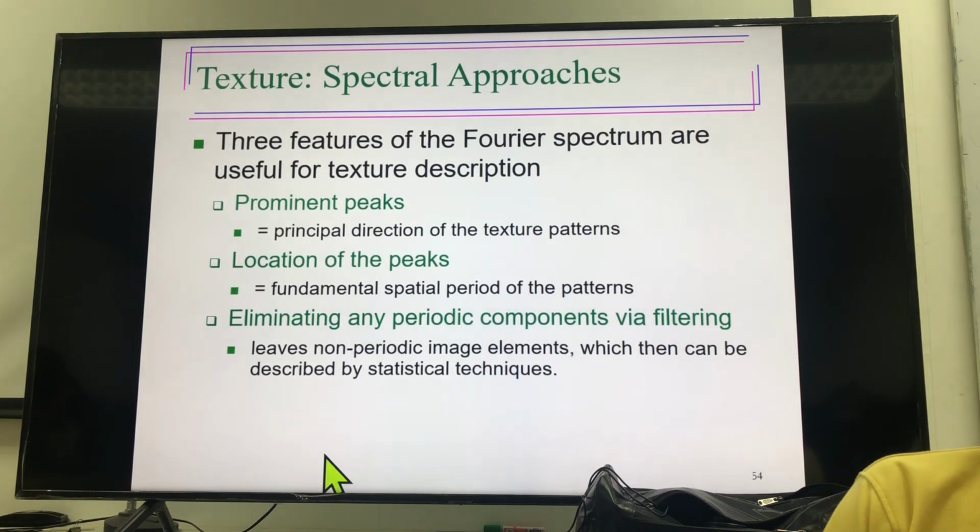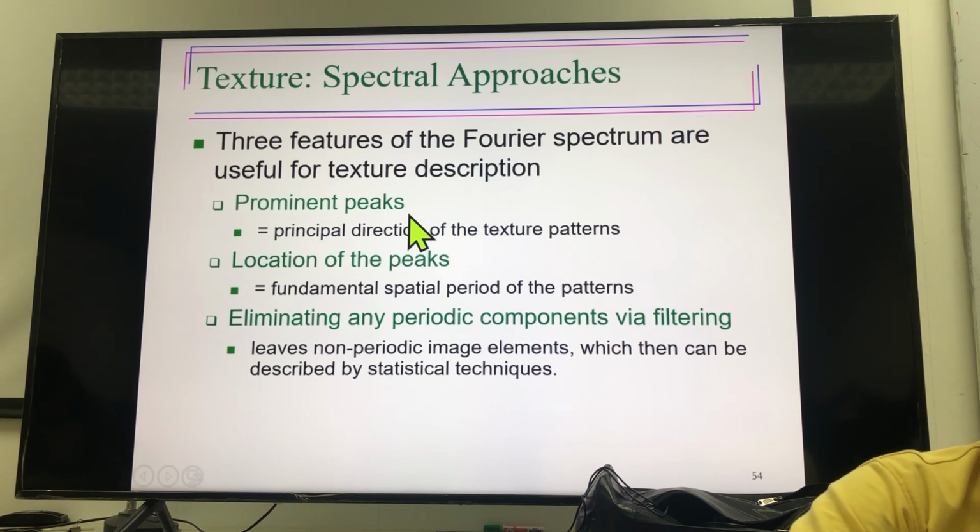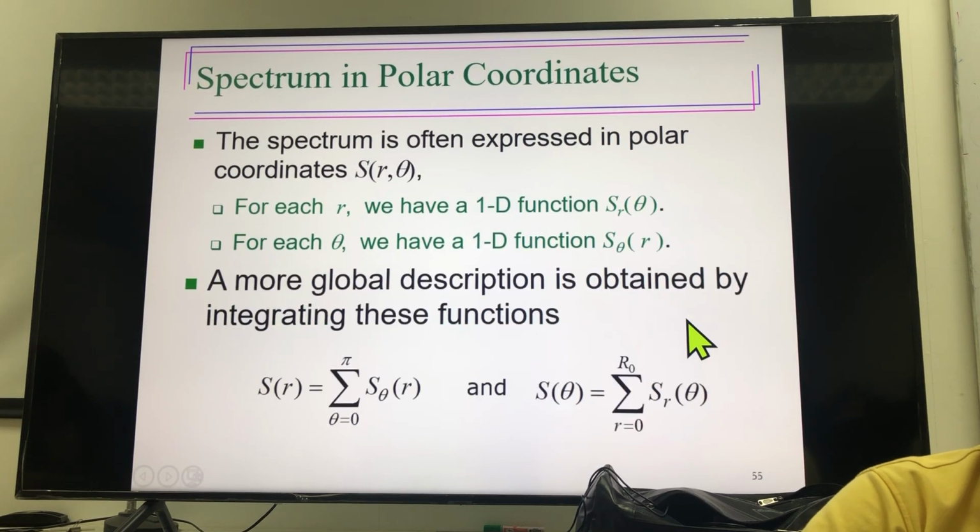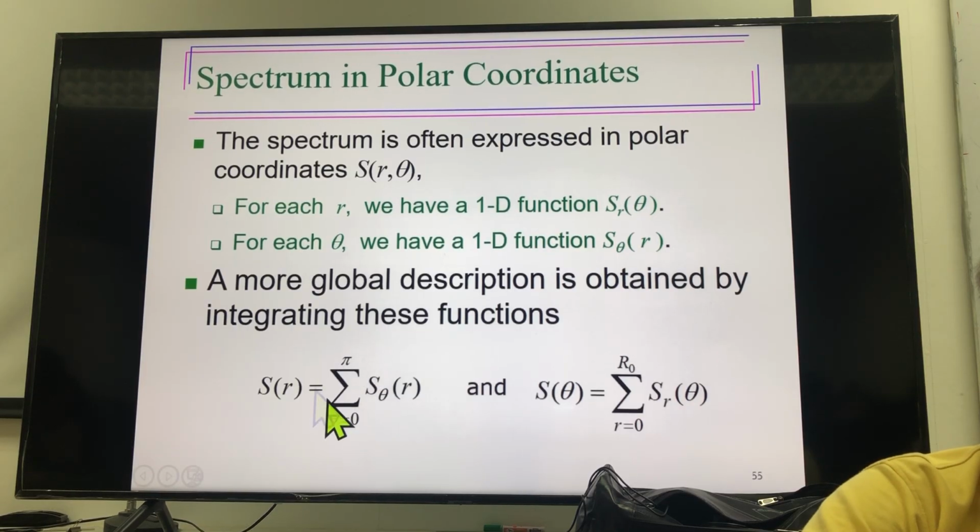Three features of the Fourier spectrum can be used for the texture. It could tell us the prominent peaks, the location of the peaks, and you can get rid of the periodic components with filters. These are the functions for the spectrum in polar form coordinates.